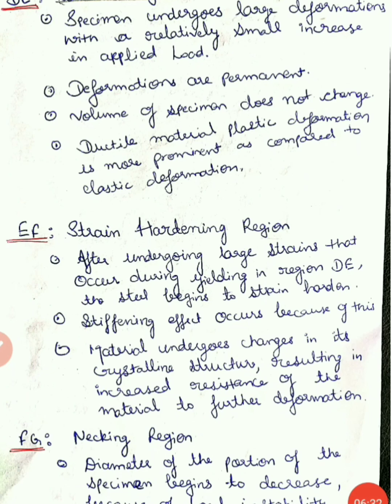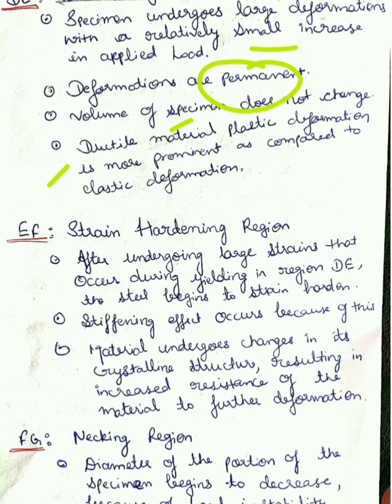So we can see in the D region, the specimen undergoes large deformation with a relatively small increase in applied load. Here deformations are permanent, they cannot be regained. Volume of the specimen does not change.